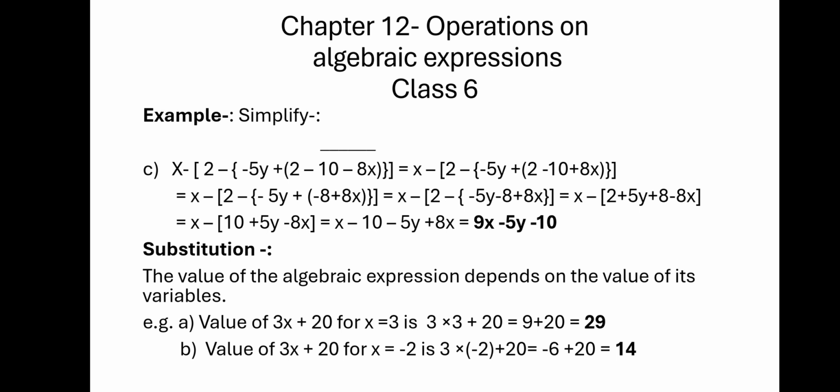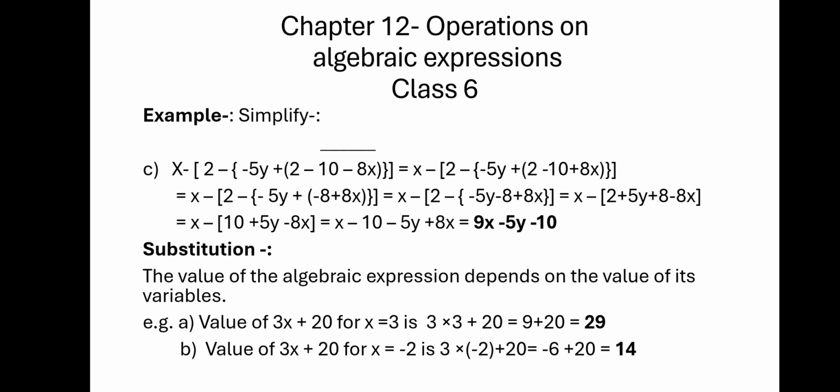Example, simplify. Third example: x minus, into bracket 2 minus, into curly bracket negative 5y plus 2 minus the vinculum 10 minus 8x. See here there are 4 brackets.